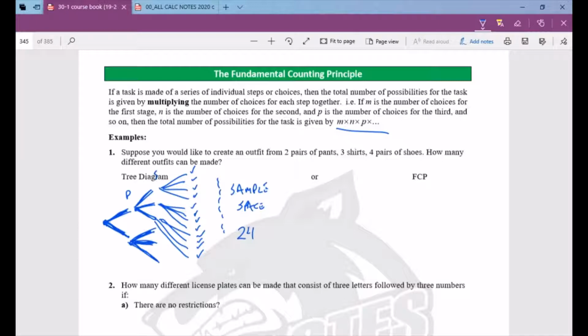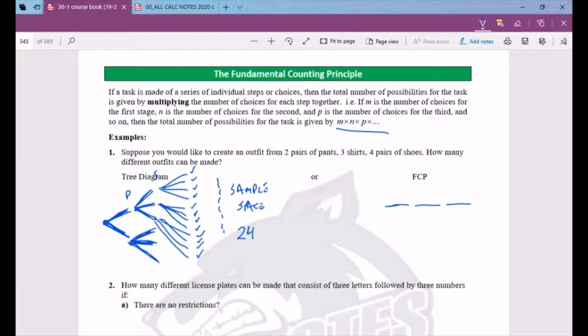So to draw it out visually, sometimes it's going to be beneficial. But in this case, it's probably easier just to think of it as a fundamental counting principle issue where we're going to have a blank.